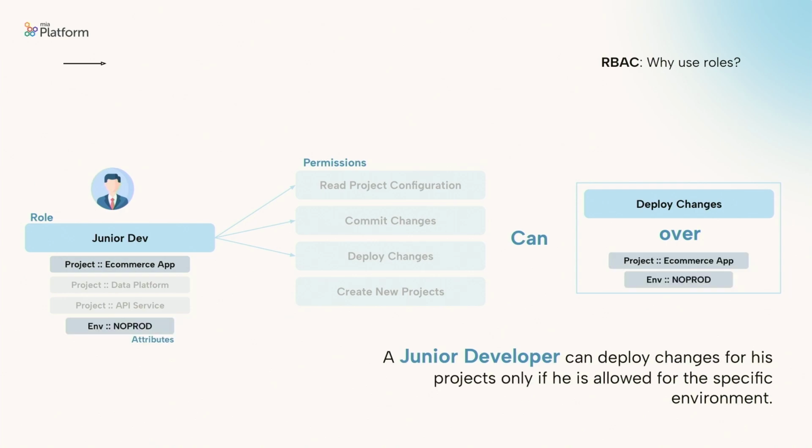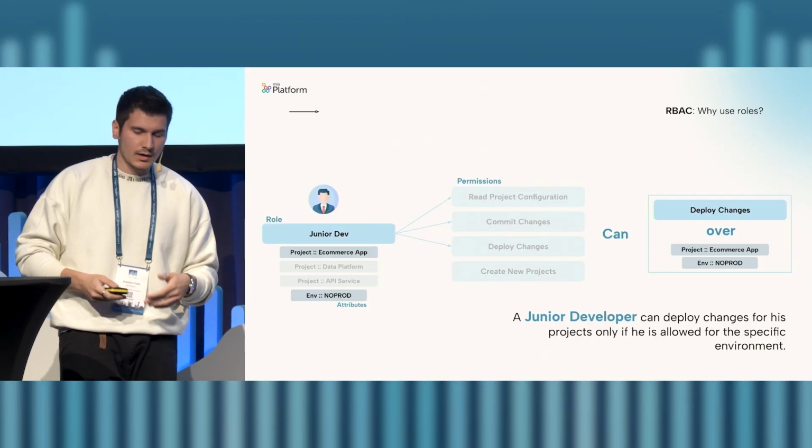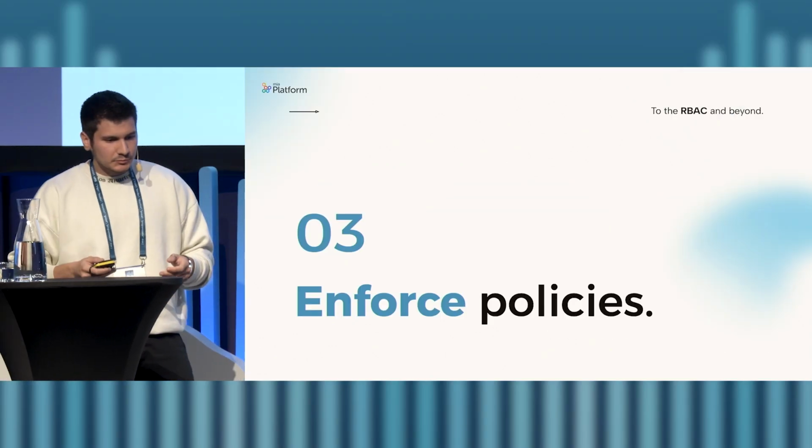Suppose now that we want to allow a specific junior developer to deploy changes on a specific environment, for example the development environment or no prod. We can just assign this specific environment for the specific project and allow him to deploy changes over this project and environment couple, without creating new roles and adding complexity, of course.